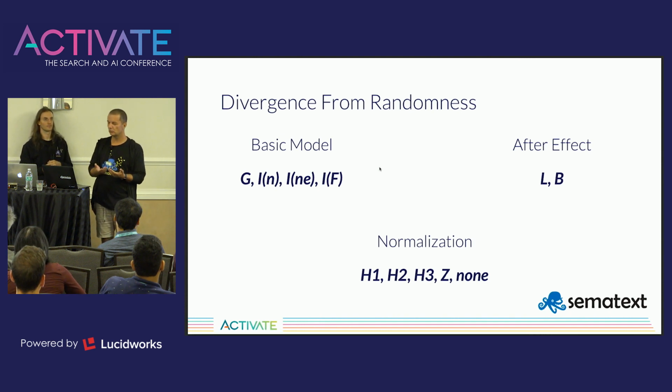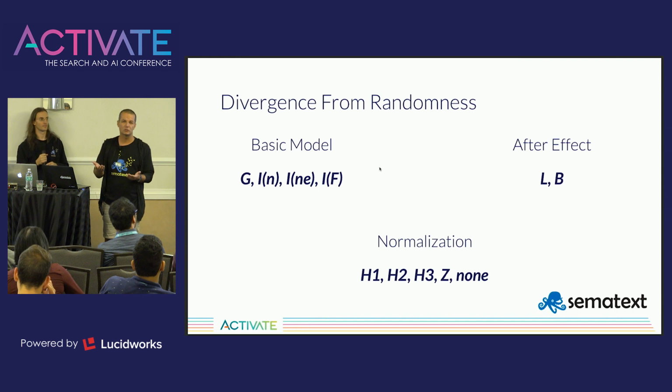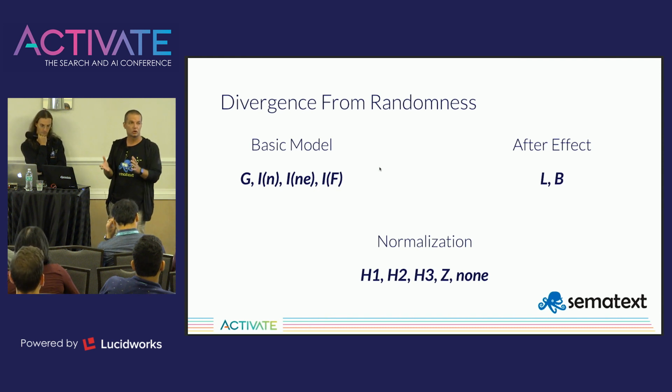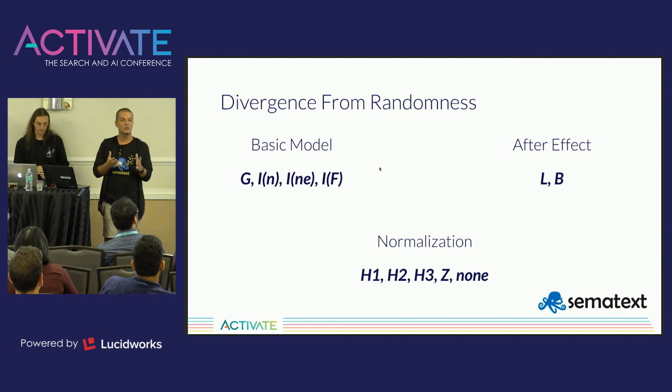And there is also something called after effect that affects how the score is actually calculated. We have 2 possibilities here, Laplace and Bernoulli. Laplace is basically a 1.0 in the implementation in Lucene. So we'll see how that goes. And then we have something called the normalization factor.